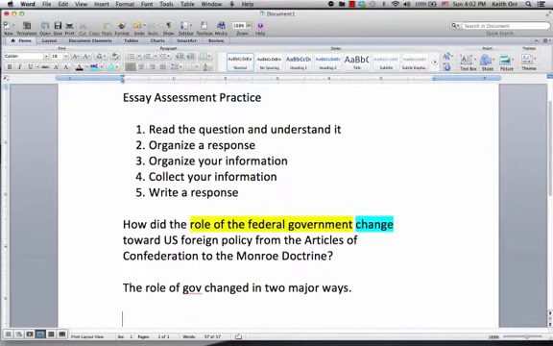There's that first paragraph. Second paragraph, Articles of Confederation, confusion, no policy.